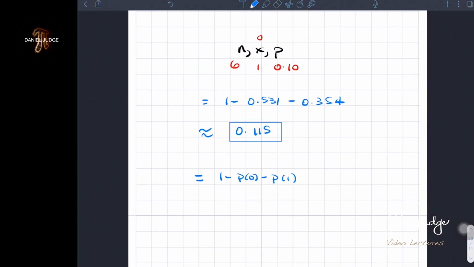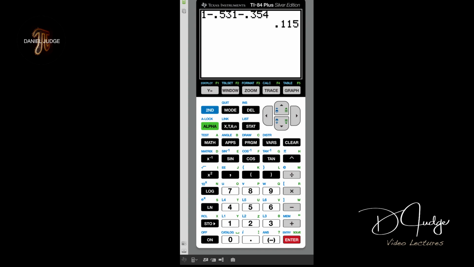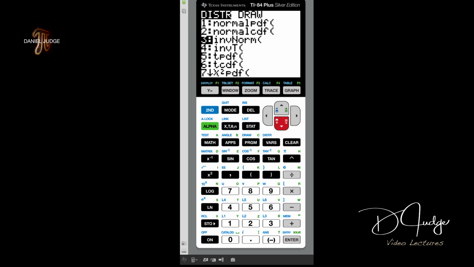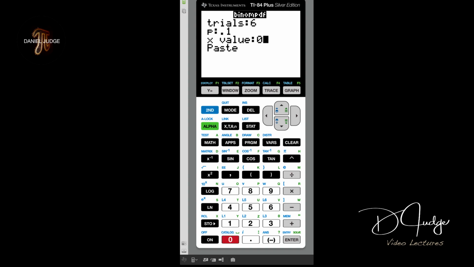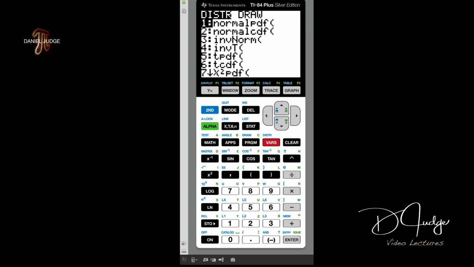Okay, let's verify that using this information here. So we can say 1 minus, go to second, distribution, all the way down to binomial. 6, 0.1, remember we needed 0. Okay, hit enter, and then minus, because I'm subtracting the complement. That's P of 0, now minus P of 1. So second distribution.